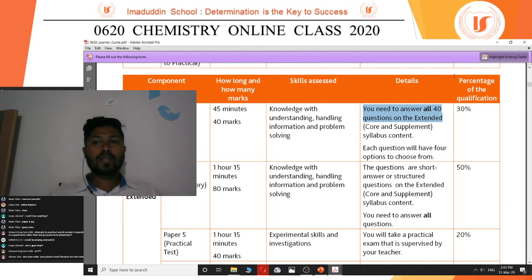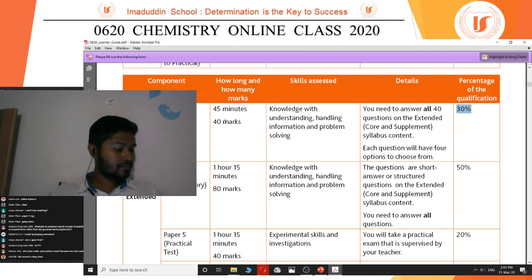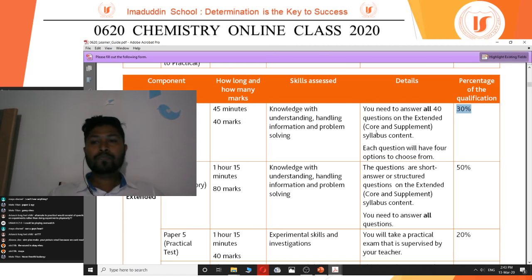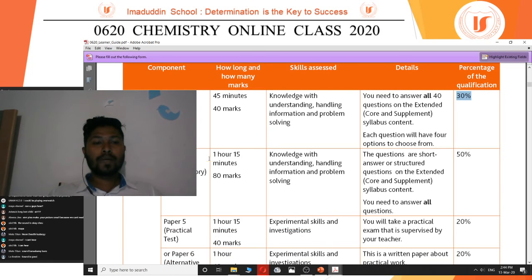Then take a look at the percentage of qualification. 30% for paper 2. Even if you got 40 marks, that is full marks for paper 2, you will get 30 marks. So each paper has a different percentage of allocations that you will receive.